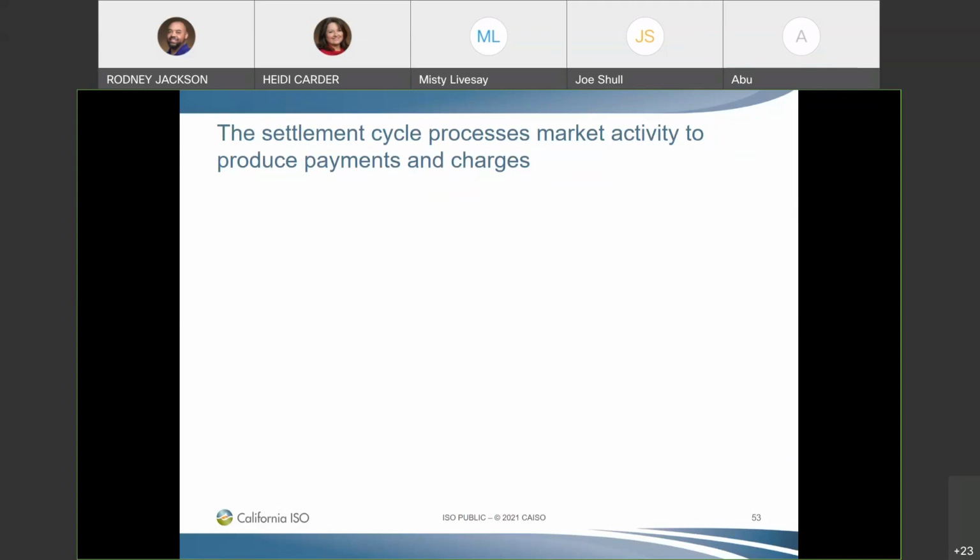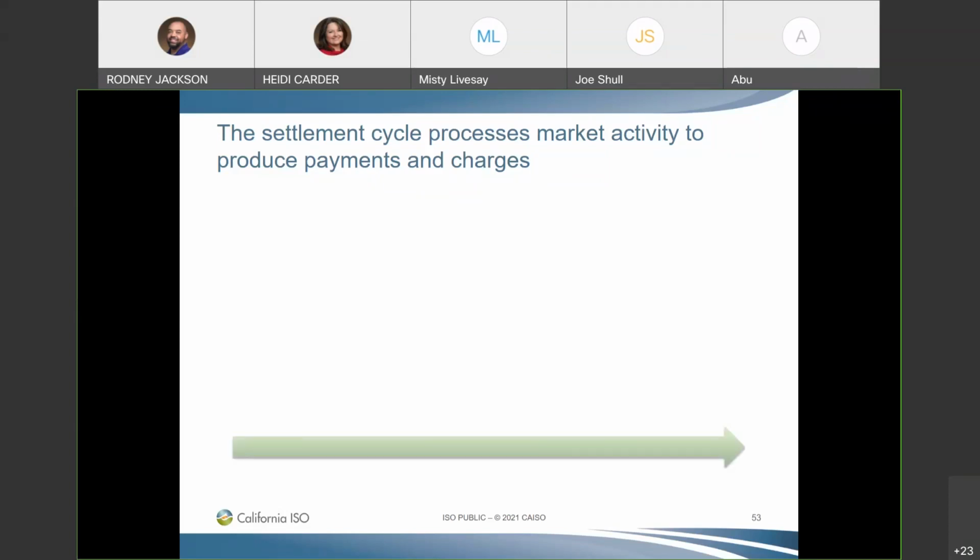Settlements are the calculations, billing, and invoices of the charges and payments for market and transmission-related activities between market participants and the ISO. The settlement cycle follows a specific timeline and processes for publication of statements, invoices and payment advices, and dispute submittals and payments. Day-ahead results and real-time results, along with the meter data, flow through the settlements process and output a settlement statement for each trade date.